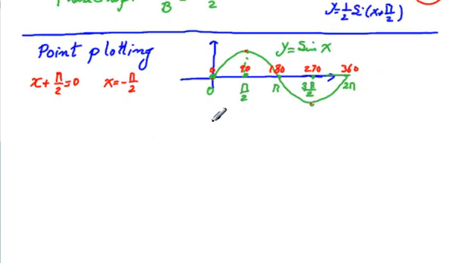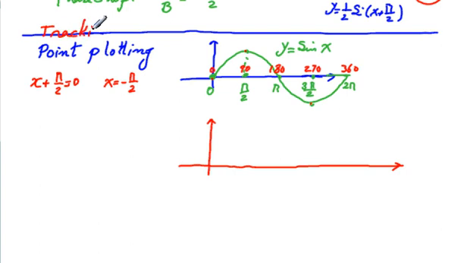The advantage of this tracking, so point plotting, let's give it a more respectable name, so you can also call it tracking, is that there's some meaning attached to it. This point comes here.